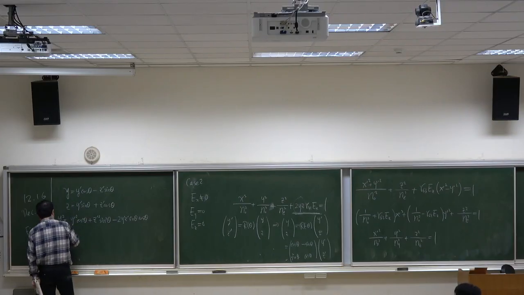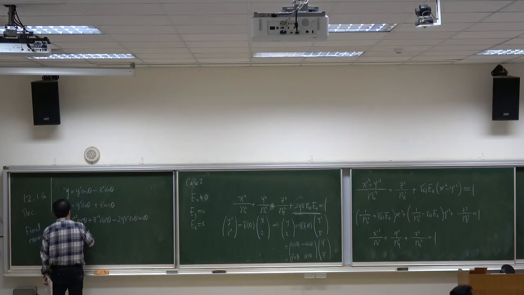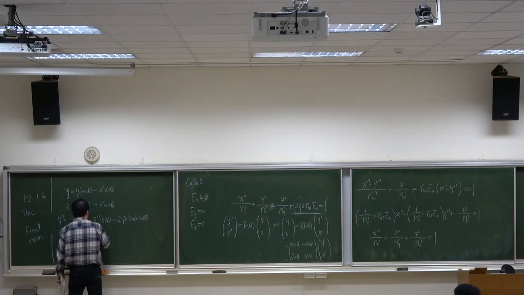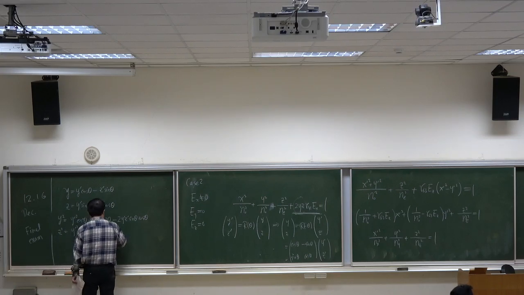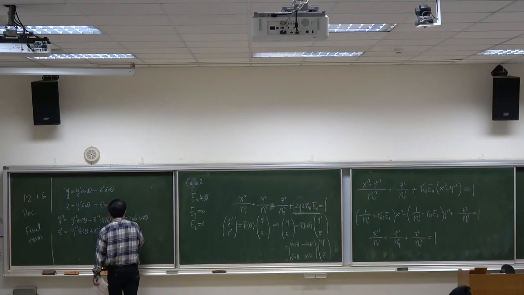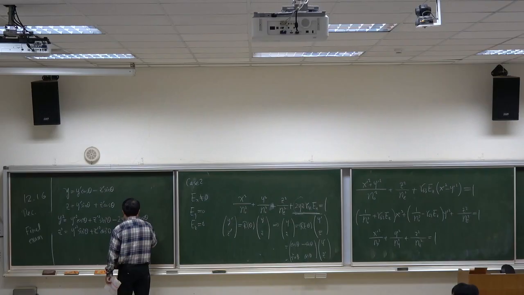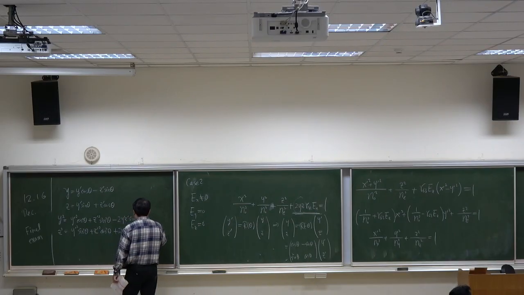And z squared is equal to y prime squared sine squared theta plus z prime squared cosine squared theta plus 2 y prime z prime sine theta cosine theta.